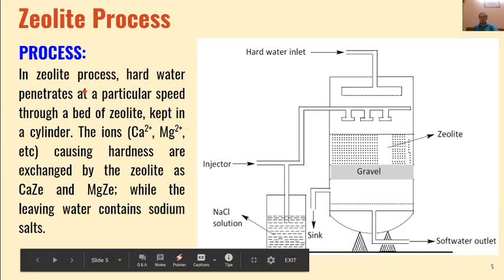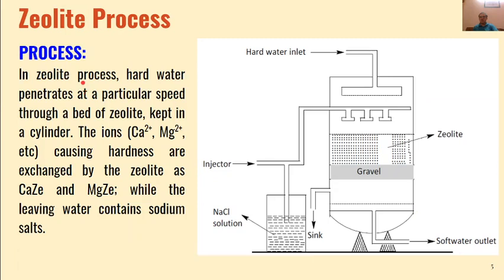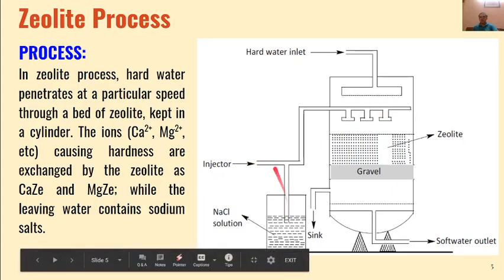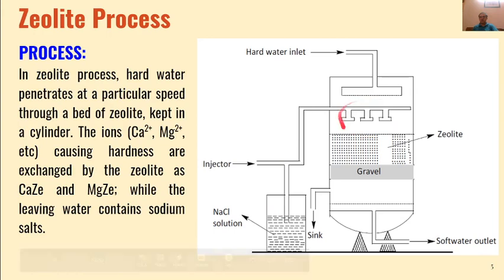Then, how does the process actually take place? What happens is that hard water is added from the top over here, and through this injector we are adding more water from this side.